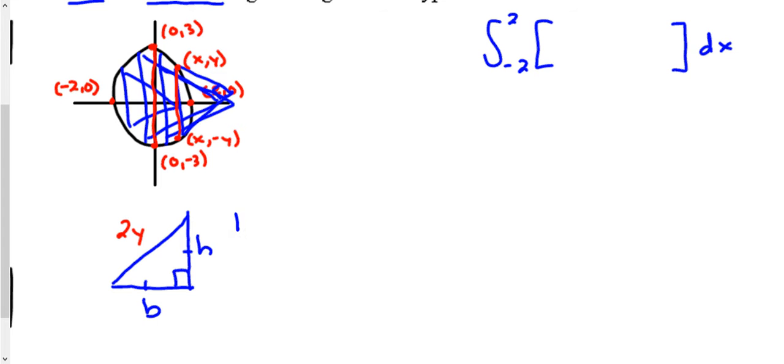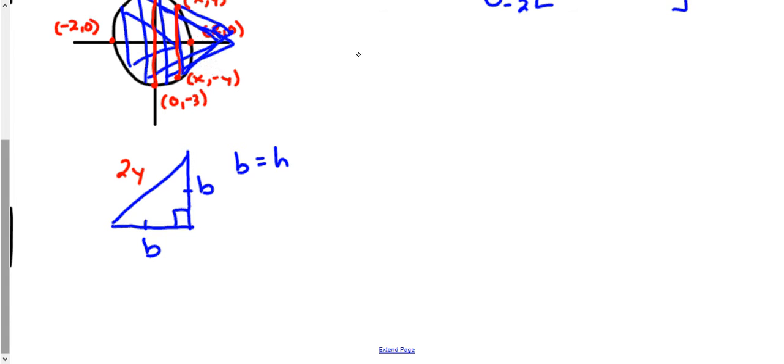The base equals the height. So I'm going to say the height is the same as the base, and I'm going to call that b. Now, the area of a triangle is 1/2 base times height, so it's 1/2 b times b, or 1/2 b squared.